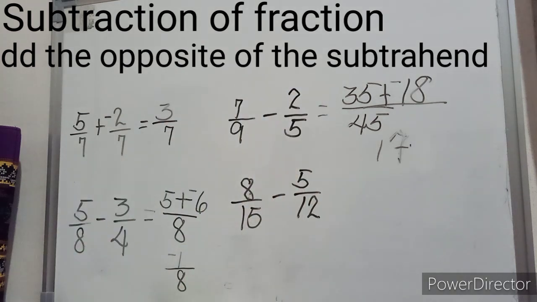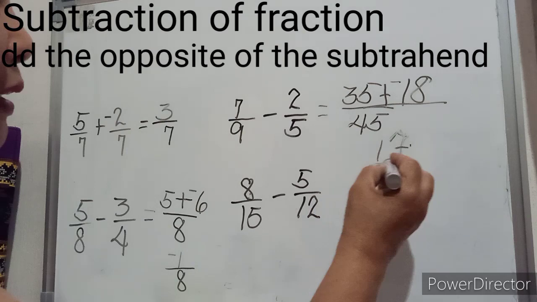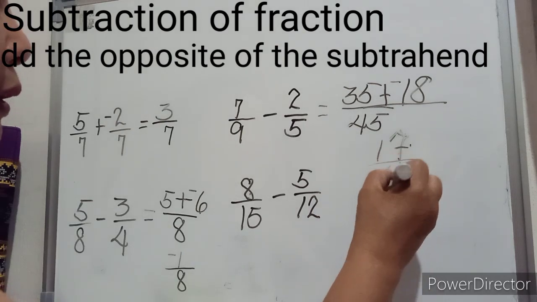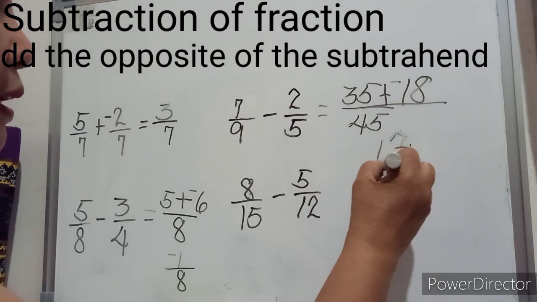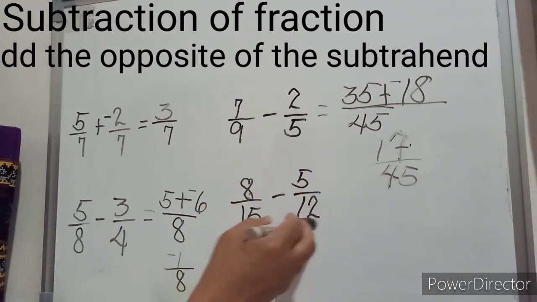Because the number we subtracted is 35 and 18, 35 is considered bigger, of course, than negative 18. So, our result is 17 all over 45. While on the last example, we have now 8 over 15 minus 5 all over 12.